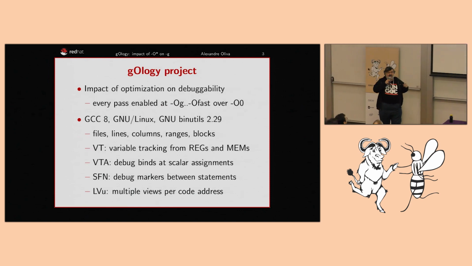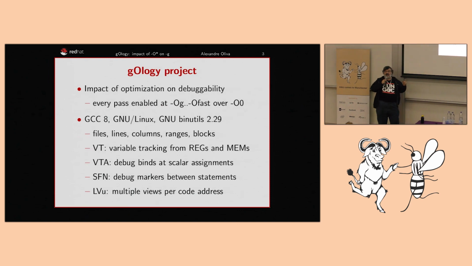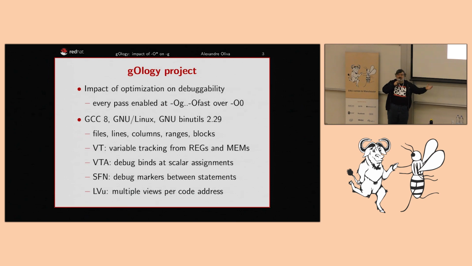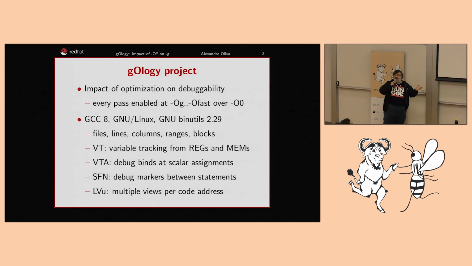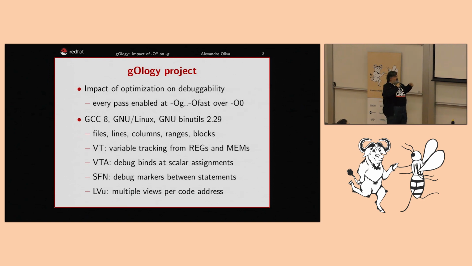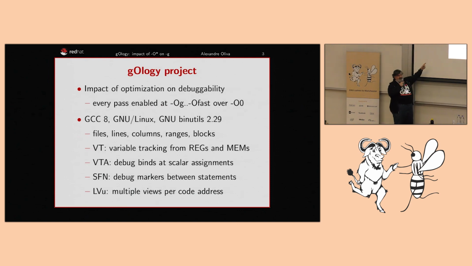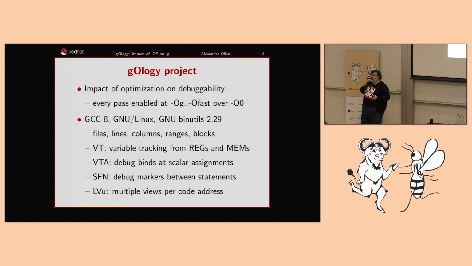And with this, we add annotations to the internal representation that bind source variables to something that holds the value of the variable. Ideally, it's a register or a memory location, but it might be optimized into an arbitrary expression that we will then be able to represent in debug information. But it only covers scalars, never addressable memory.